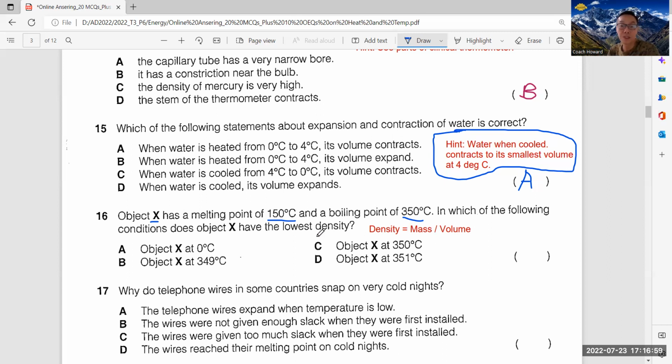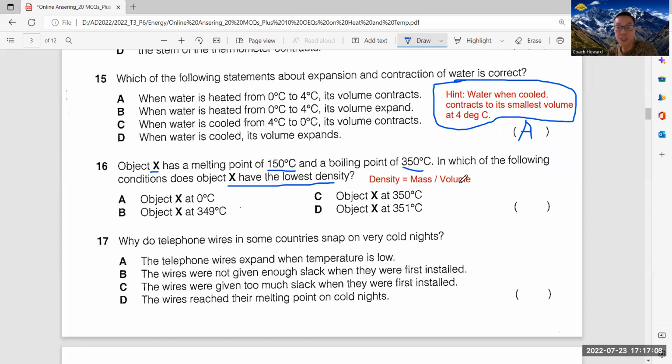So therefore, which of the following will cause object X to have the lowest density? So you look here, density is mass over volume. So if I want density to be lowest, that means the volume must be maximum. So at what temperature will this substance have a maximum volume?